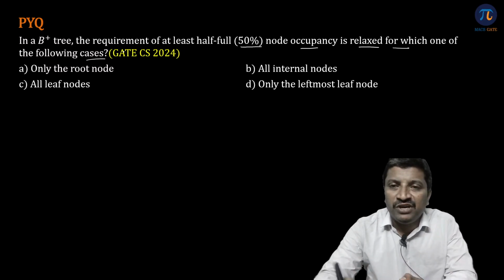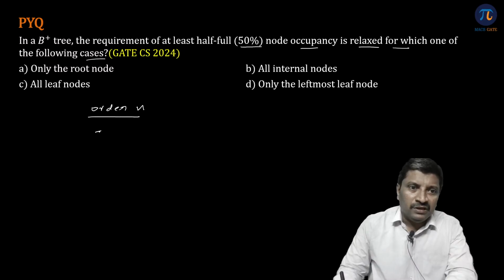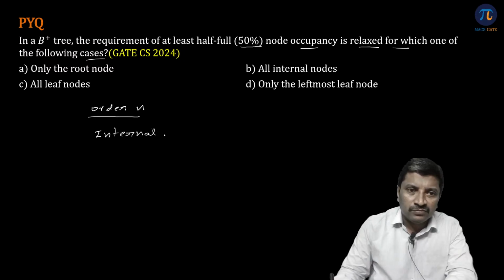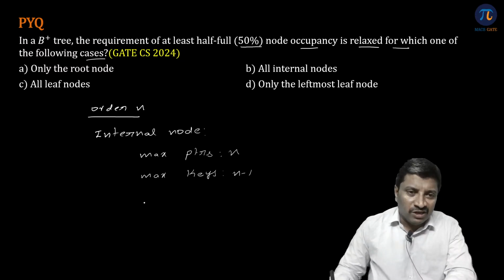In B plus tree, every node should have, whenever I have order n, if it is internal node, I will have maximum number of pointers n. Maximum number of keys is n minus 1.